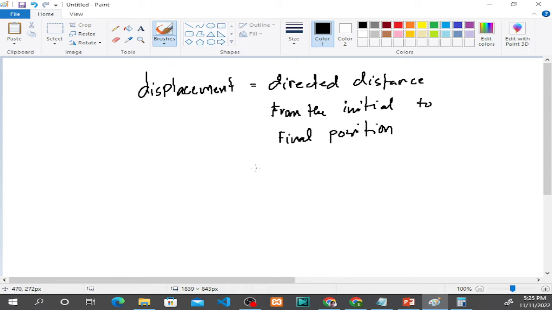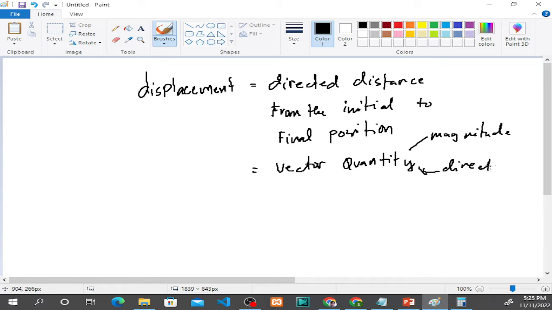This is also known to be a vector quantity, and it means that it must have a magnitude and a direction. That is how we basically define displacement.